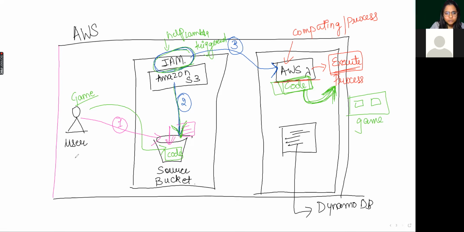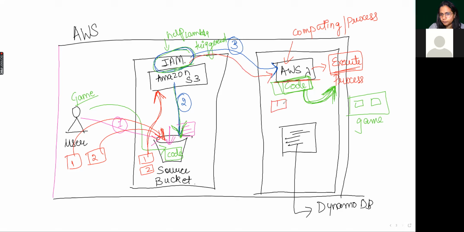See what happens. Just try to imagine in this way. You have two parts of a single game, first and second part. As the request is sent, you have both the games inside your S3 bucket, first and second also. Now, as soon as the first game is required, Amazon S3 will get to know that this first game is with you, and they will send it to this AWS Lambda, and they will execute the first game for you.